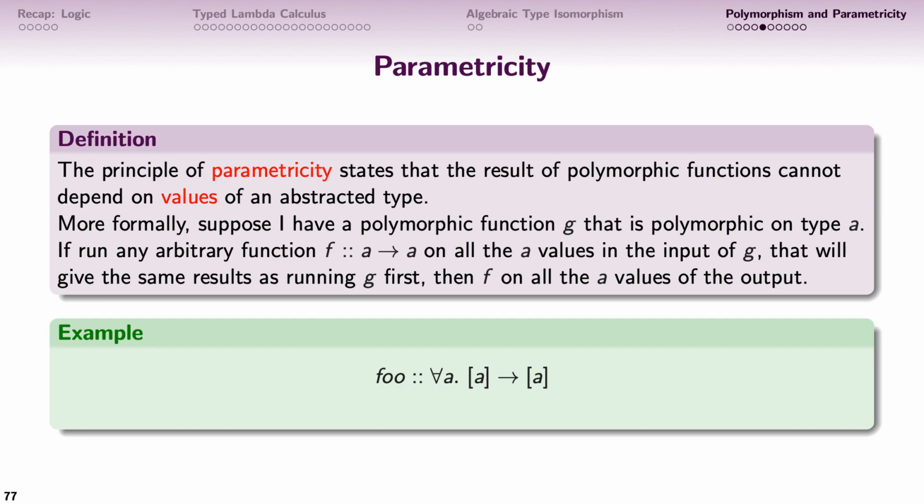So for example, in head, we have this type A. We cannot depend on the values of that type A because we don't know what A is. There's no way of interacting with those values. There's no way of looking at them and doing anything about them. So the behavior of head, for example, is not affected by any of those values.